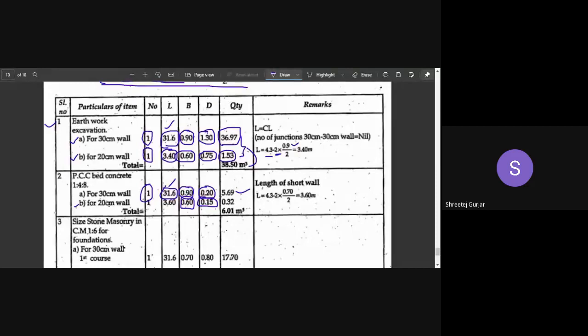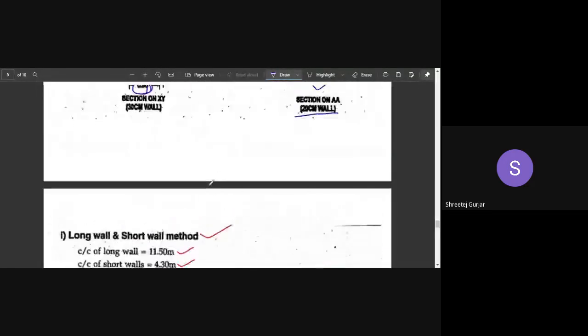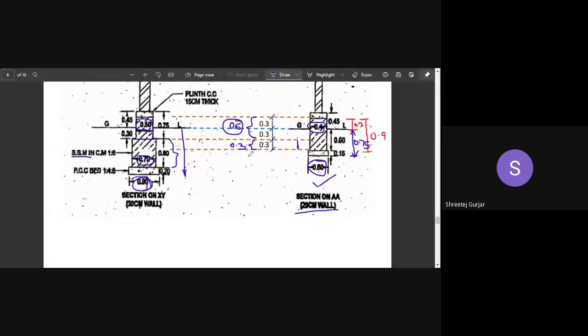Why? Because at that level you need to check the section, and at this section you know that the width is more here. Say the PCC bed is 0.6, but your wall thickness over here, or your side stone masonry thickness, is more, that is 0.7. So what we need to do, instead of 0.6, we need to use 0.7 and not 0.6.